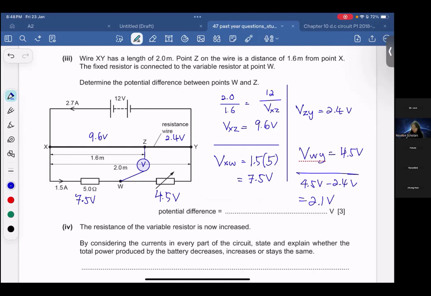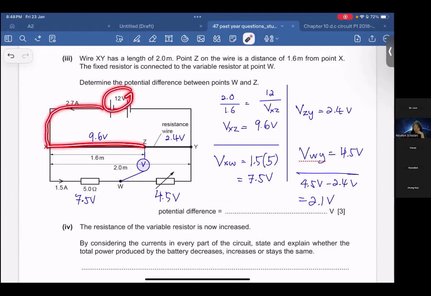Sean, no. Sean, check which part you made mistake. The more correct idea, answer is 2.1 volt, dear Sean. Okay, the idea is like this. 12 volt, when it passes through here, it will drop 9.6 volt. Then from this point to here is 2.4 volt. Okay, then this 12 volt comes to this resistor, it will drop 7.5 volt.